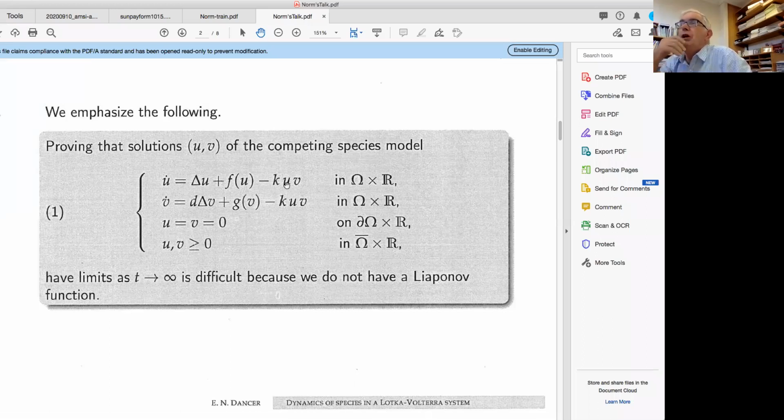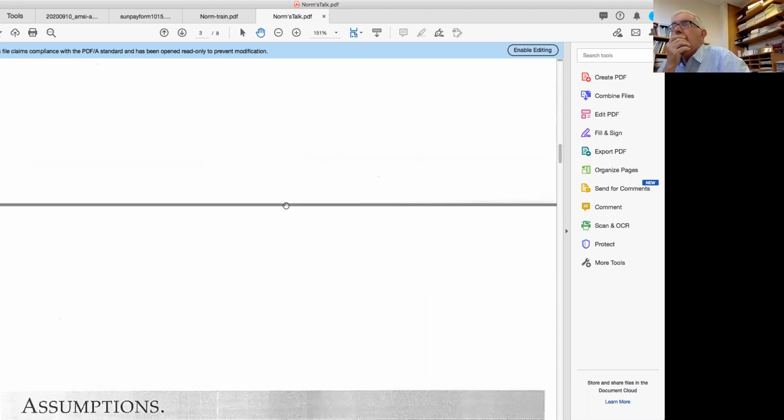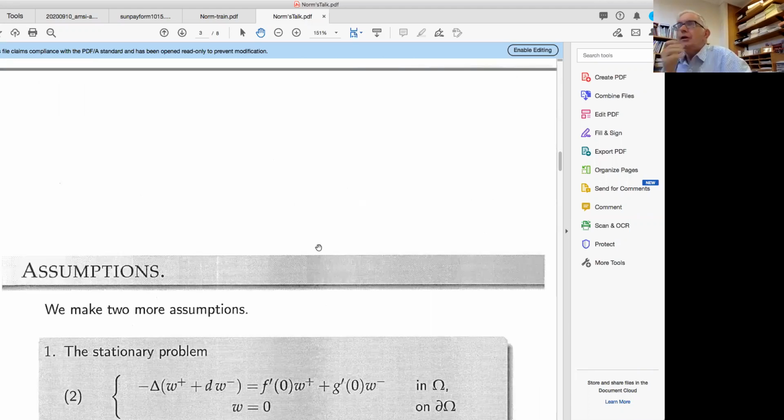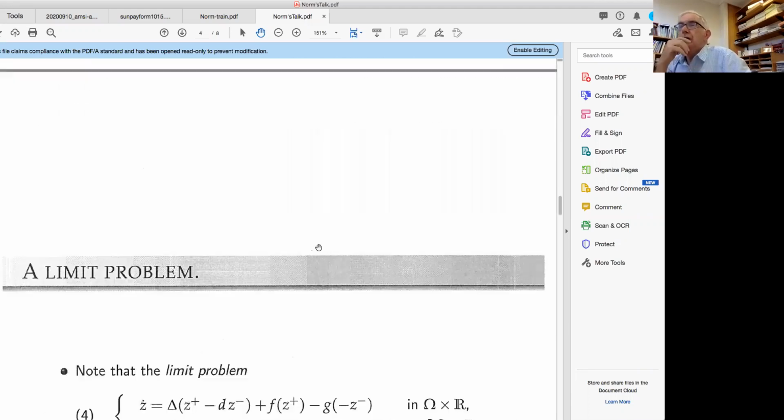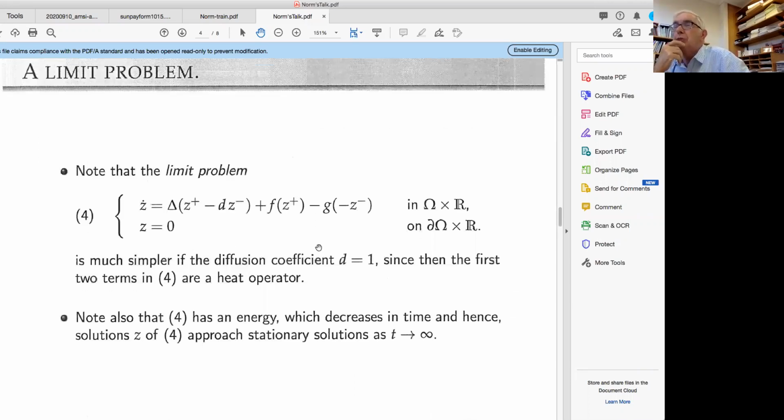So in the first equation, if U is not small, the large K forces U rapidly to 0, and it turns out even U dot rapidly to 0. And similarly the other way around in the other equation. So you find that for large K, most of the time, one of the components is small.